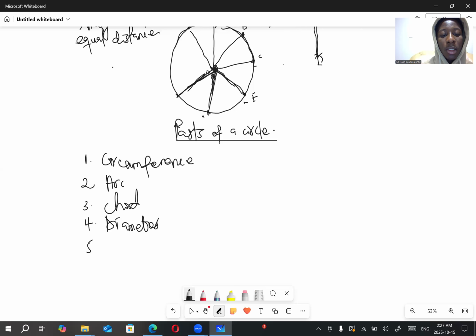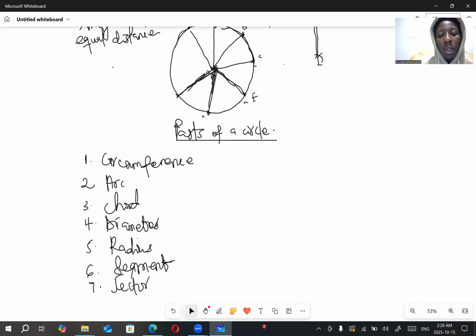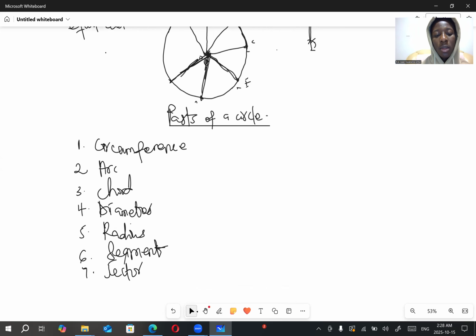Number five, radius. Then segment, and let me talk about sector so that one day when you meet it, at least you're not lost. Can we move on? Yes.